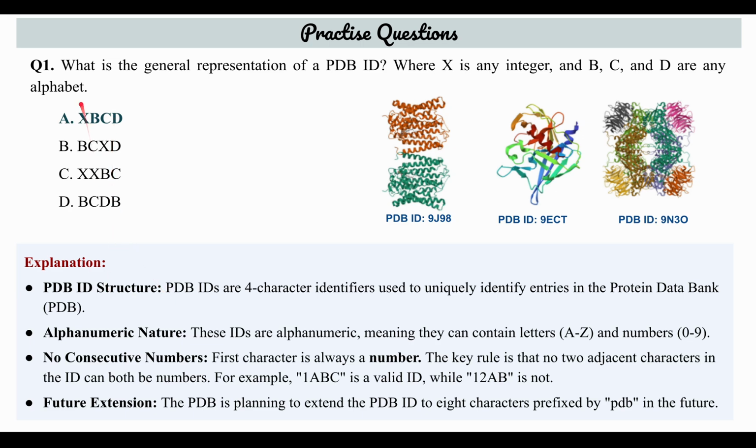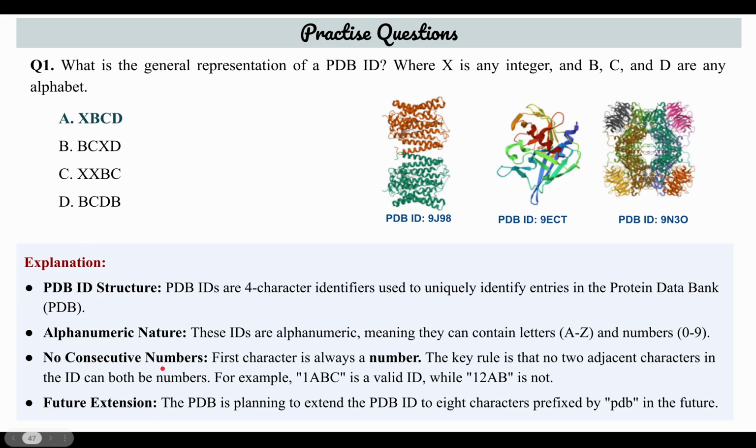This PDB ID is a 4-character identifier which uniquely identifies each entry in the PDB. These 4 characters are generally alphanumeric in nature, that means they can be alphabets or numbers, so they can contain letters A to Z and numbers 0 to 9. Another rule is no consecutive numbers.